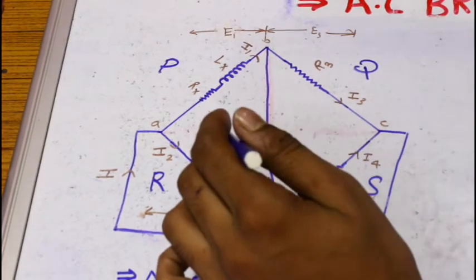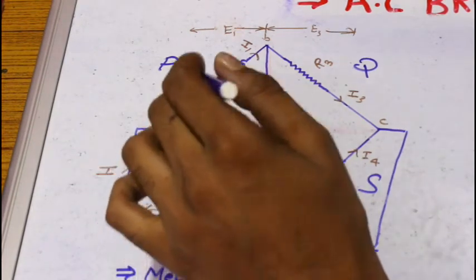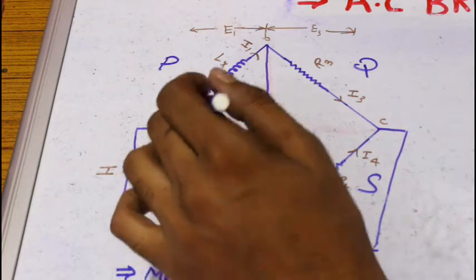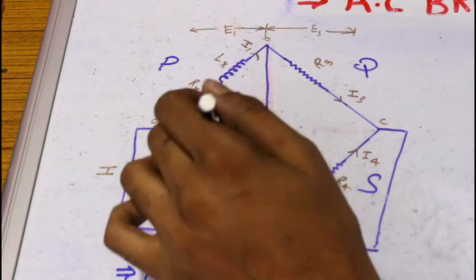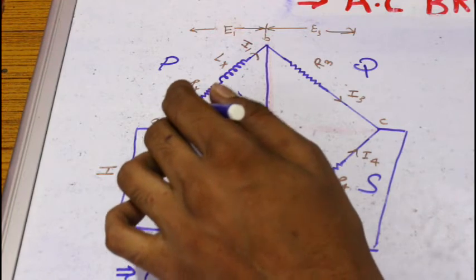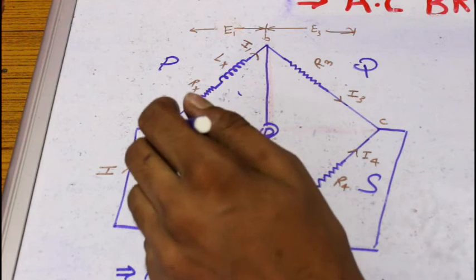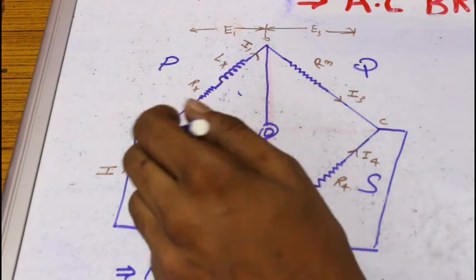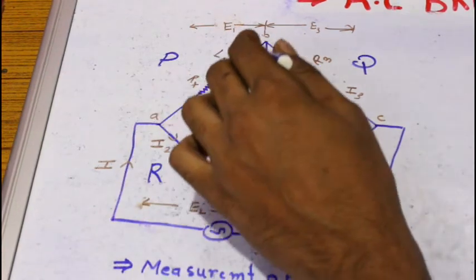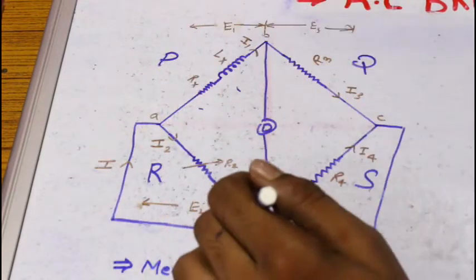This is the circuit diagram of the Maxwell inductance bridge. In this bridge circuit, inductance is added to resistance and capacitance. Here we have to measure the value of inductance, that's why inductance is added to the resistance. Observe this diagram. This is the first arm, second arm, third arm and fourth arm.